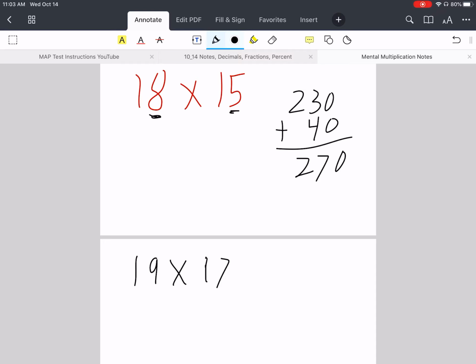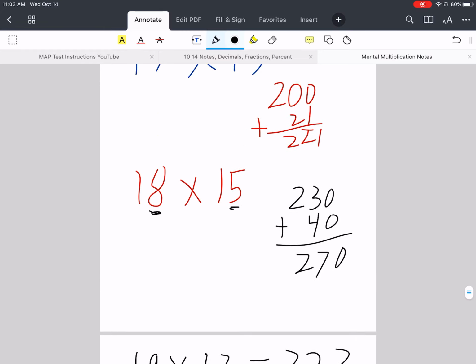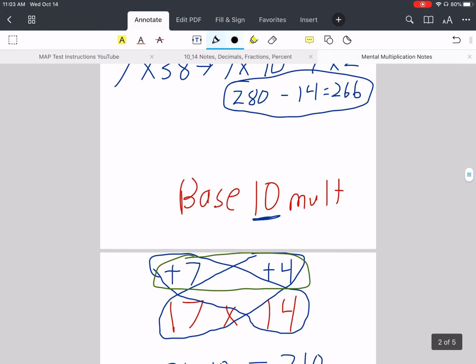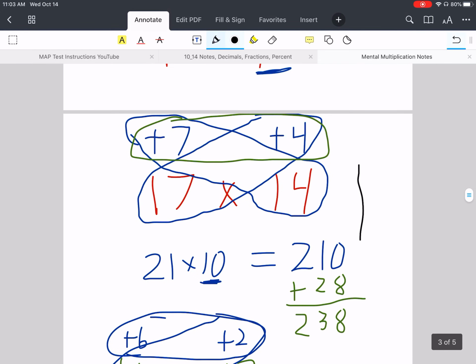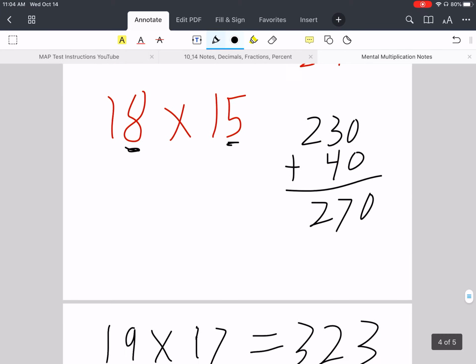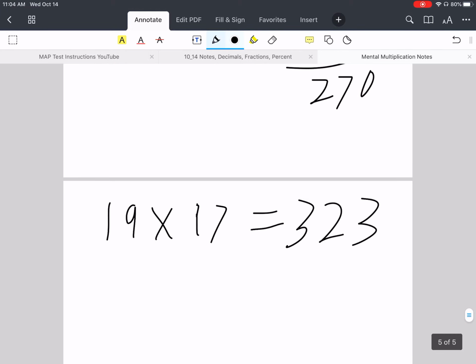So 260 plus 63 is going to equal 323. And using those steps, I can solve that mentally, even though really in my brain I'm doing these steps. You might be able to do these without writing any steps.